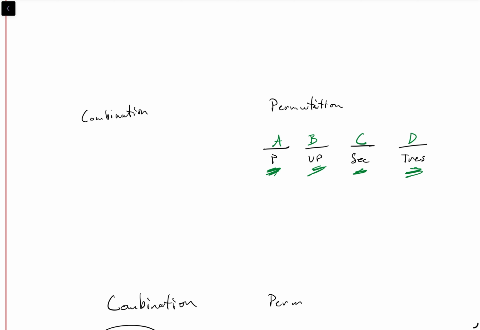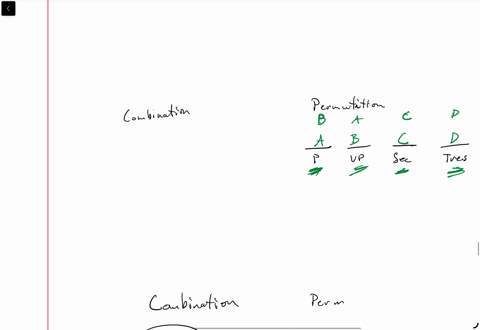But we would say it might be a different committee if Bill was president and Amy was vice president, with Charlie and Diane. Whereas a combination is just who's on the committee. Order doesn't matter, there's no position or ranking. It's just Amy, Bill, Charlie, and Diane.